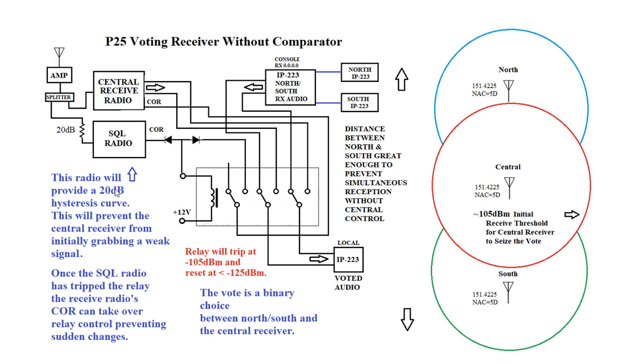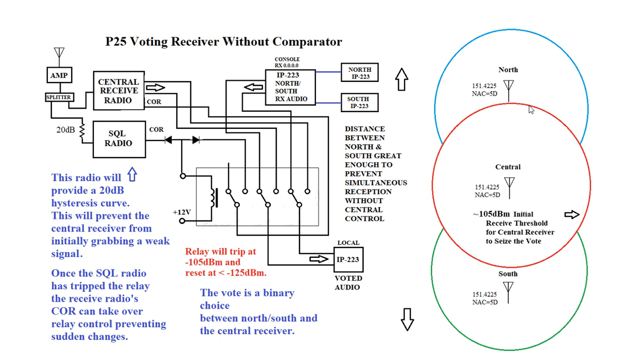So that's a huge margin, where there's no way a radio can drive 20 dB of signal away in one conversation. This gives you a guarantee that once you trip the relay here, whatever caller is coming in is not going to even remotely get close to the failure curve of the P25 at minus 125 dBm.